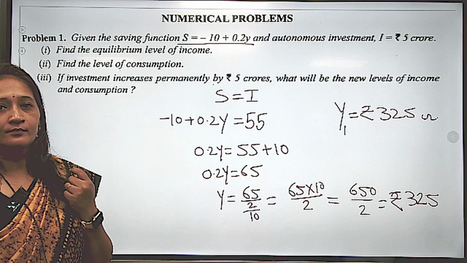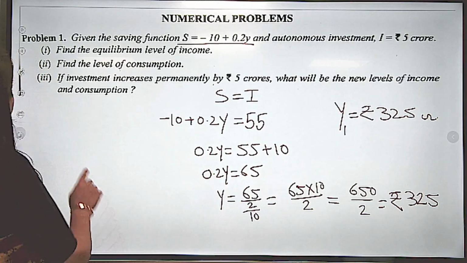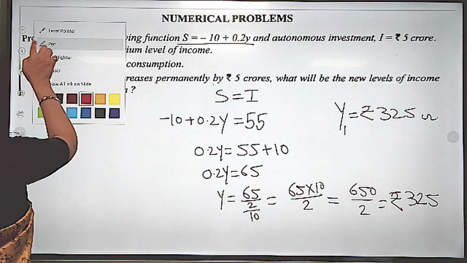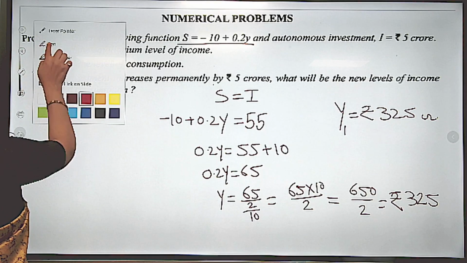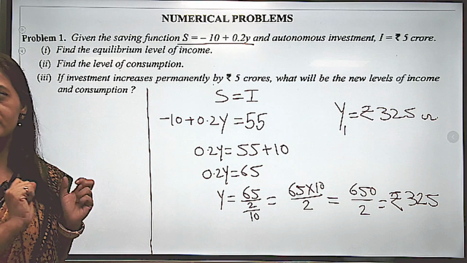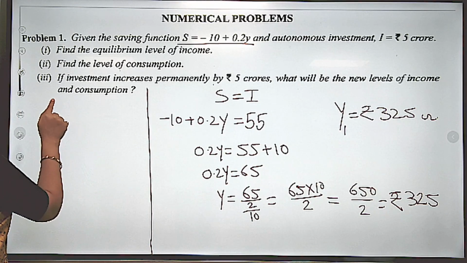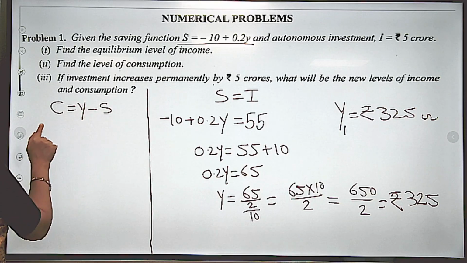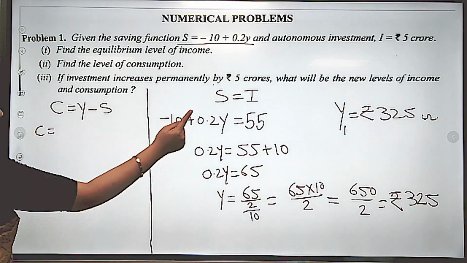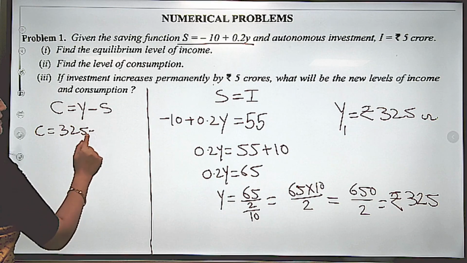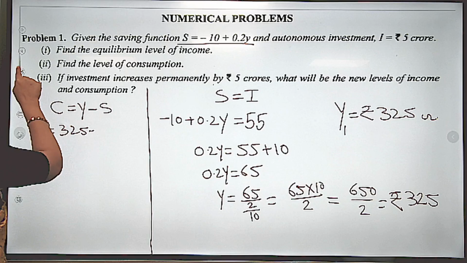Okay. Now let's solve it for consumption. I can do it here as well. Let me use this part of the board. I hope it is visible. So here, equilibrium consumption, that is C is equal to Y minus S. So C is equal to the new income 325 crores minus, it will be difficult to solve here.